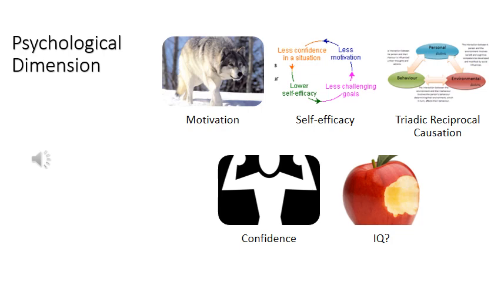The triadic reciprocal causation model is something I find really interesting, and I wanted to introduce this to you because it looks into how a person's behavior impacts their environment and also how the environment impacts behavior of a person or can impact a person. So there's a really interesting interrelationship, and the model also looks into self-efficacy and confidence.